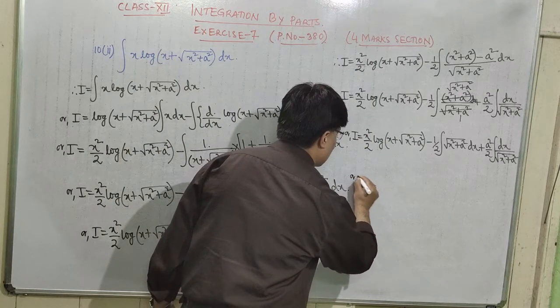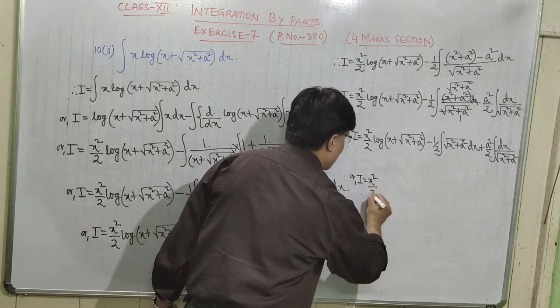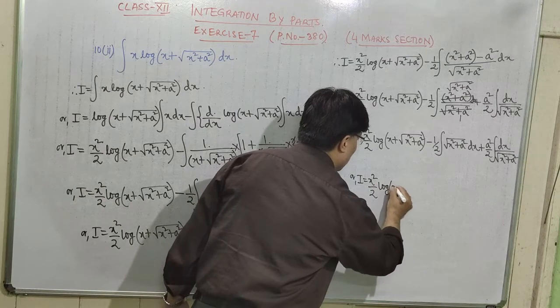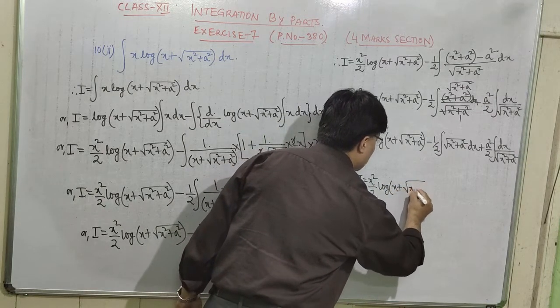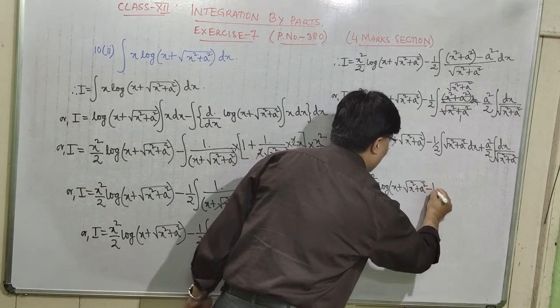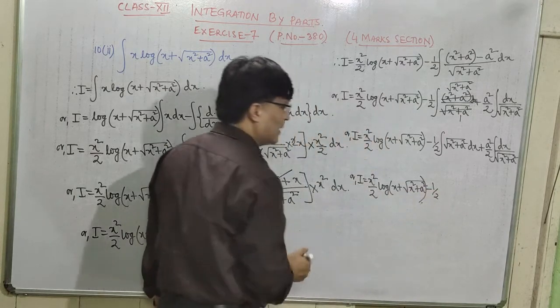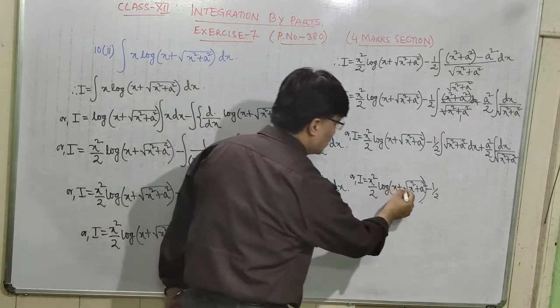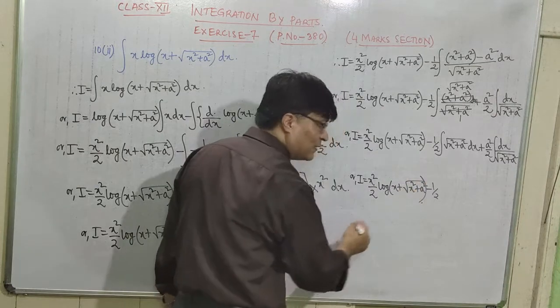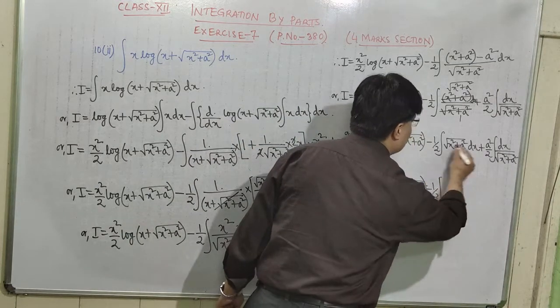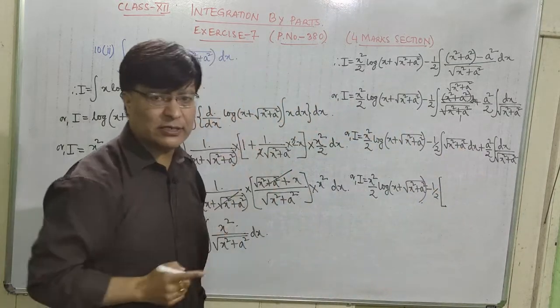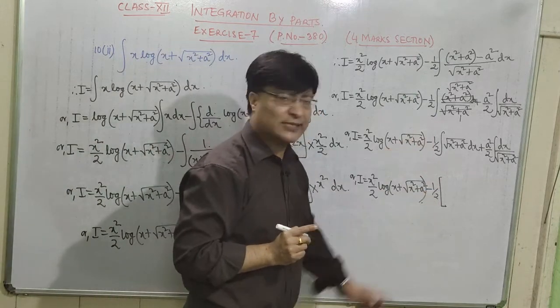So I is equal to x square by 2 log x plus root over x square plus a square, minus half. Is that clear? Root over x square plus a square, bracket close, minus half. Now within the third bracket, this is the standard integral from integration by parts, the first standard integration.